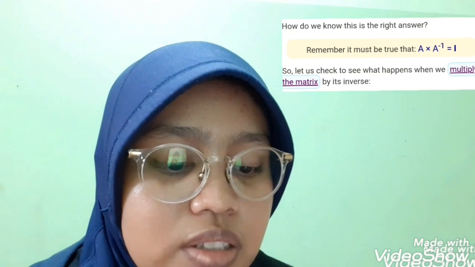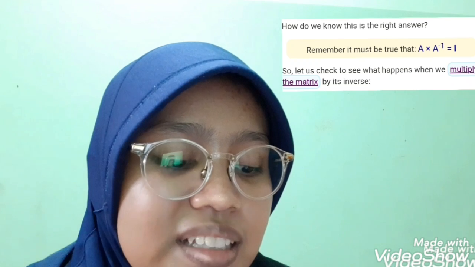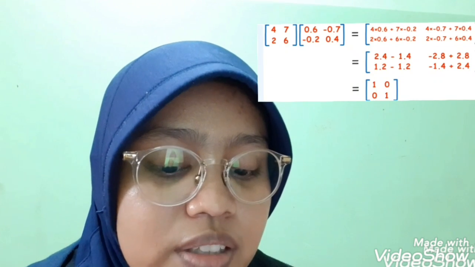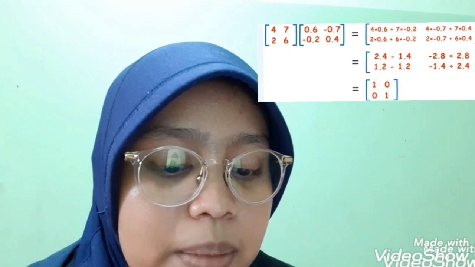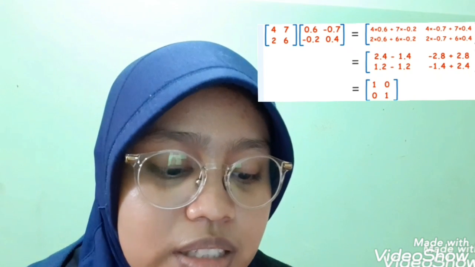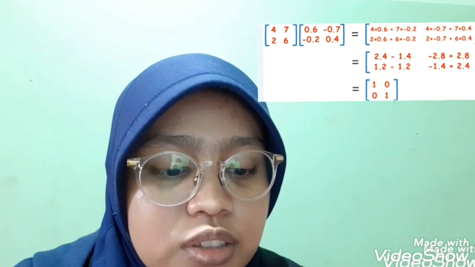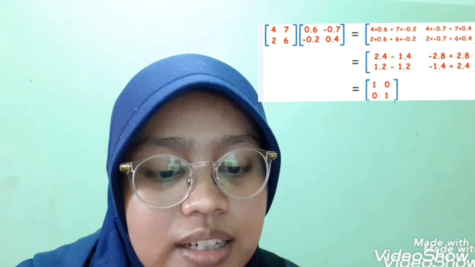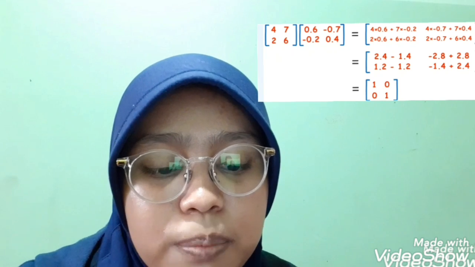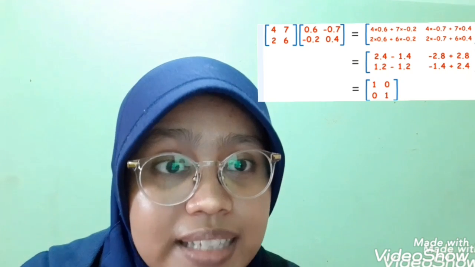How do we know this is the right answer? Remember, it must be true that A multiplied by A inverse equals I. So let us check what happens when we multiply the matrix by its inverse. [4, 7; 2, 6] multiplied by [0.6, minus 0.7; minus 0.2, 0.4] equals [2.4 minus 1.4, minus 2.8 plus 2.8; 1.2 minus 1.2, minus 1.4 plus 2.4] equals [1, 0; 0, 1].